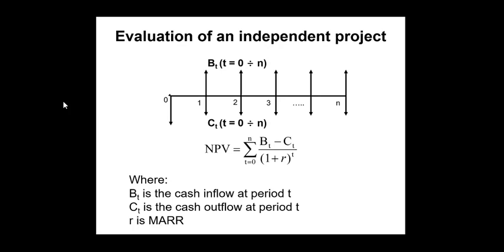Now, in order to evaluate the project using the present worth, we use these formulas, and here are the cash flows of projects with the number of years n: 1, 2, 3, and n years.